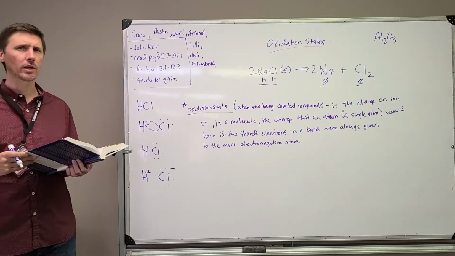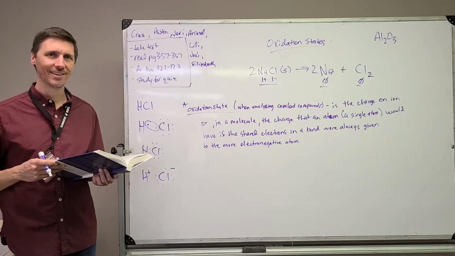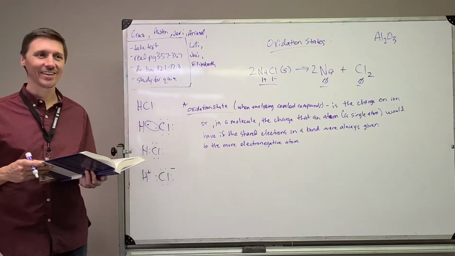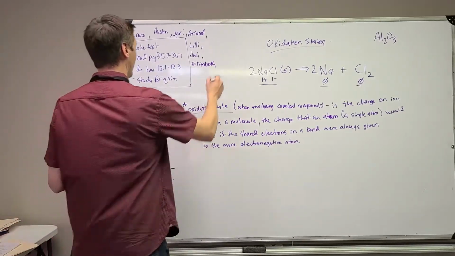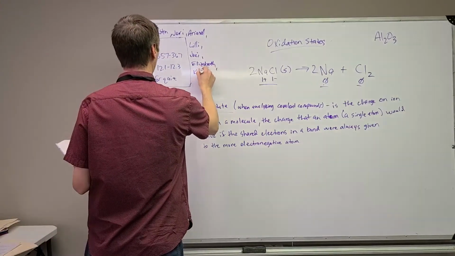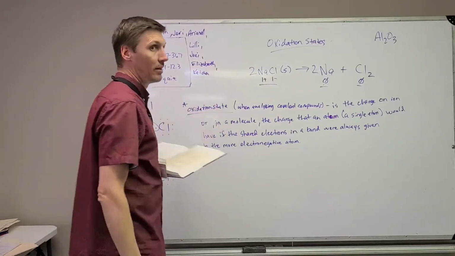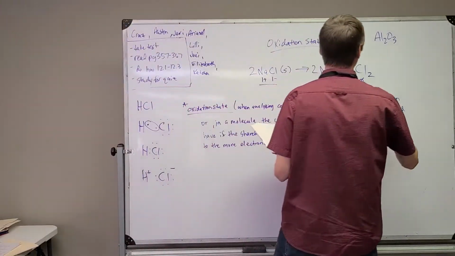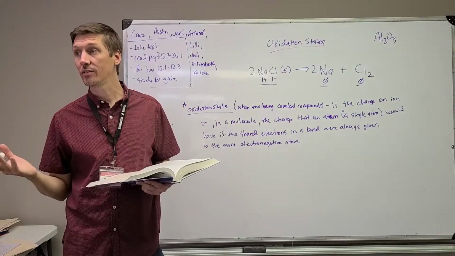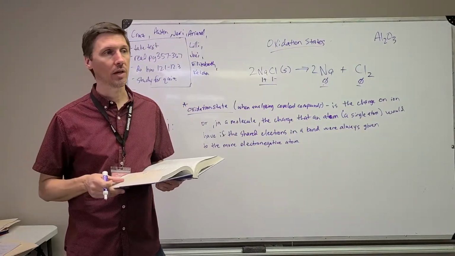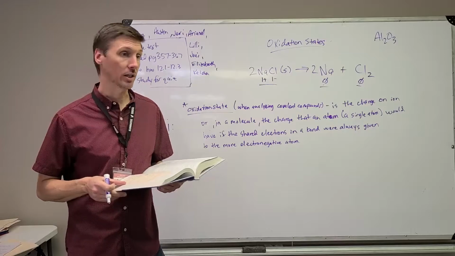Al is aluminum. You think that's a metal or a non-metal? It's a metal, right? So if we've got a metal in it, what have we got? Ionic or covalent? Ionic, right? And so if it's ionic, all you have to think about is what are the charges on the ions, and then you'll know the oxidation state.